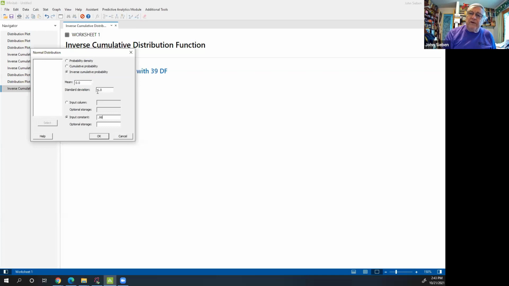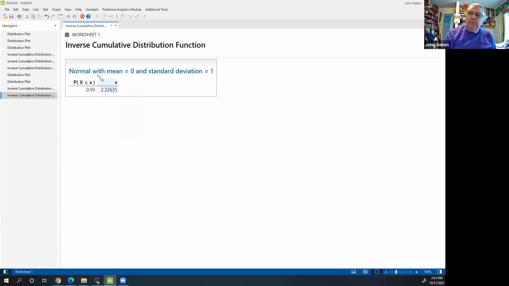So that's a Z distribution. Inverse cumulative probability radio button, that's correct. Input constant is the area to the left of the point we want to find. Looks like everything's okay. And Minitab tells us that it's 2.32635. I'm going to use 2 decimal digits, so make that 2.33, rounding to 2 decimal digits.